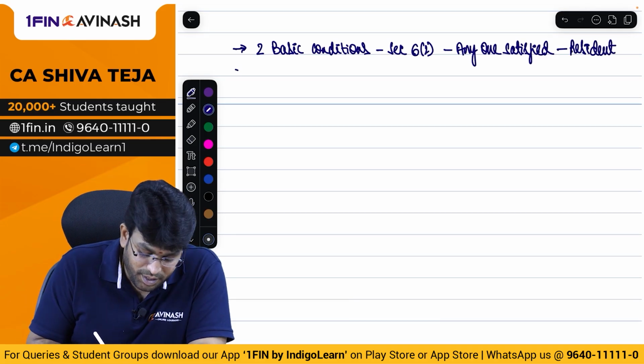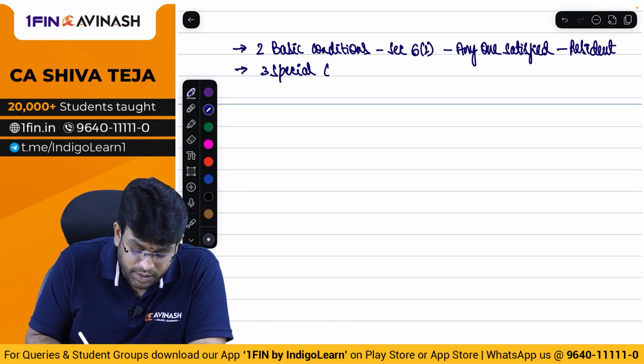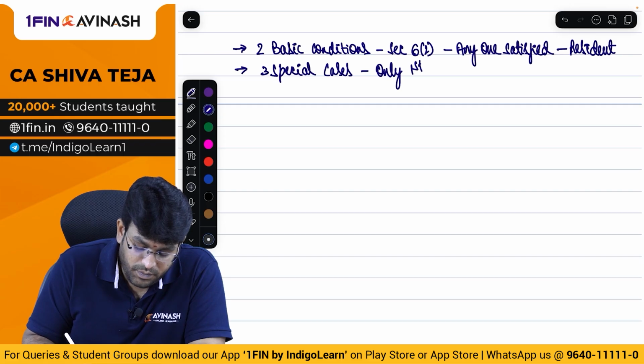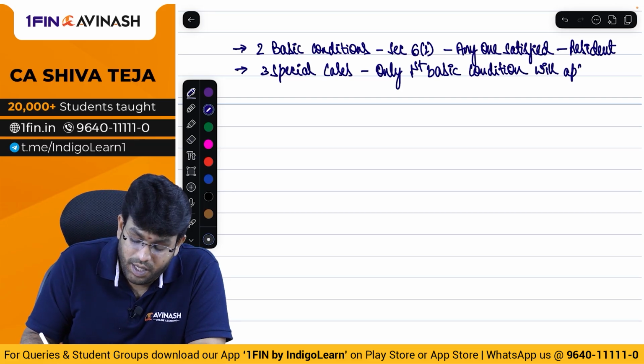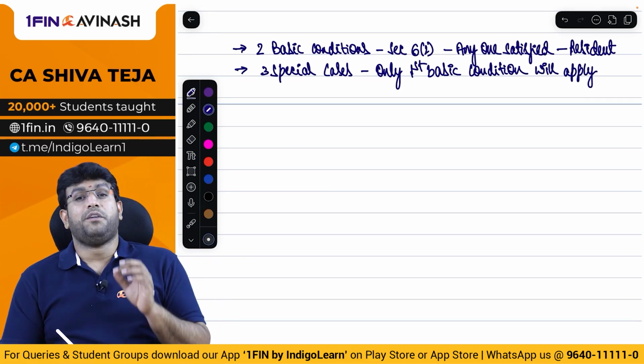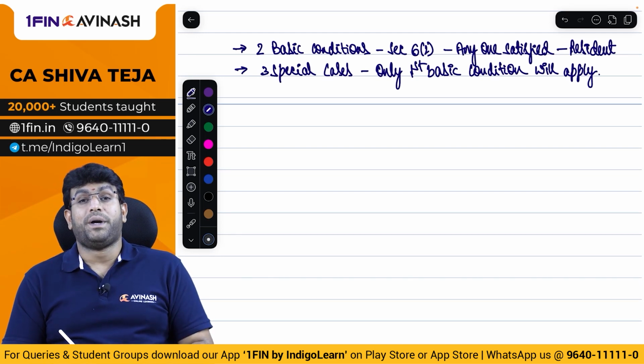Correct or not, friends? Next. In three special cases, only the first basic condition will apply. What is the line I wrote? In three special cases, only the first basic condition will apply. What are the three special cases? Come on, repeat again.